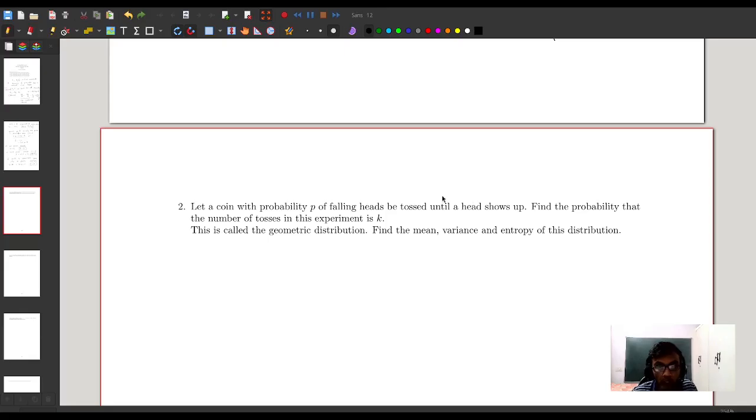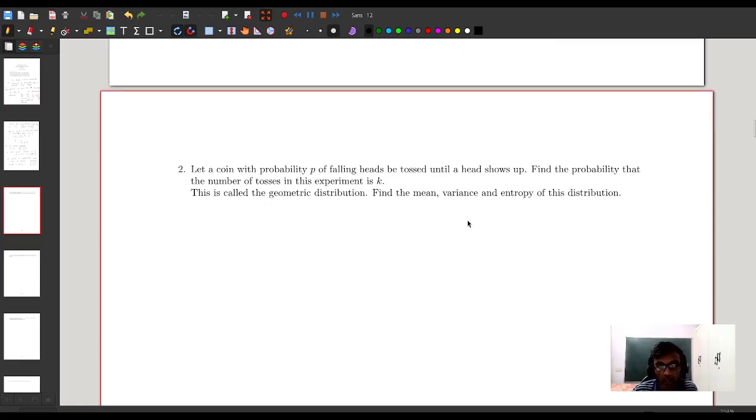From here on, in each of these questions, we will look at one new probability distribution which is important and occurs in various contexts. So let us look at this question.